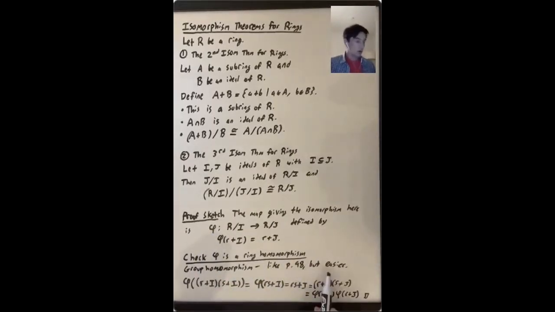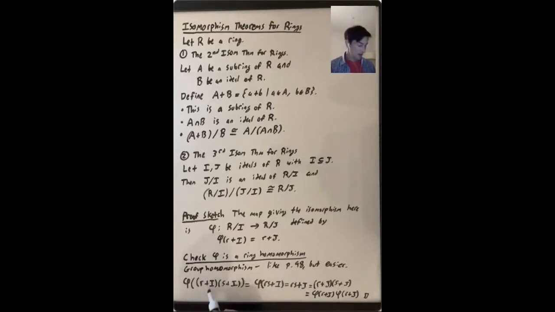To see that it's a group homomorphism, it's just like what we did when we did the proof of the third isomorphism theorem for groups, except that it's a little easier because all the groups involved are abelian. So you also have to check that this function behaves well with respect to multiplication. And that's just an exercise in writing down what this function does.